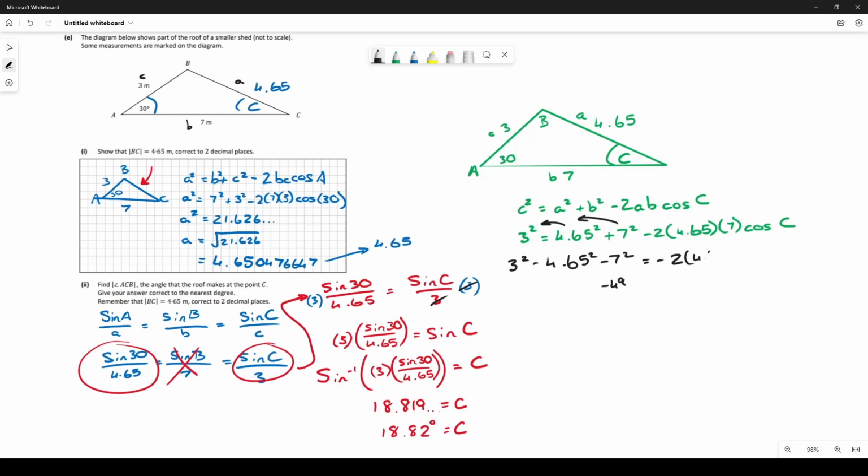Here is all of this again. We get this. That's going to be 9. That's going to be 21.6225. This is going to be, what's it going to be, 9.3 by 7, 63, 60.